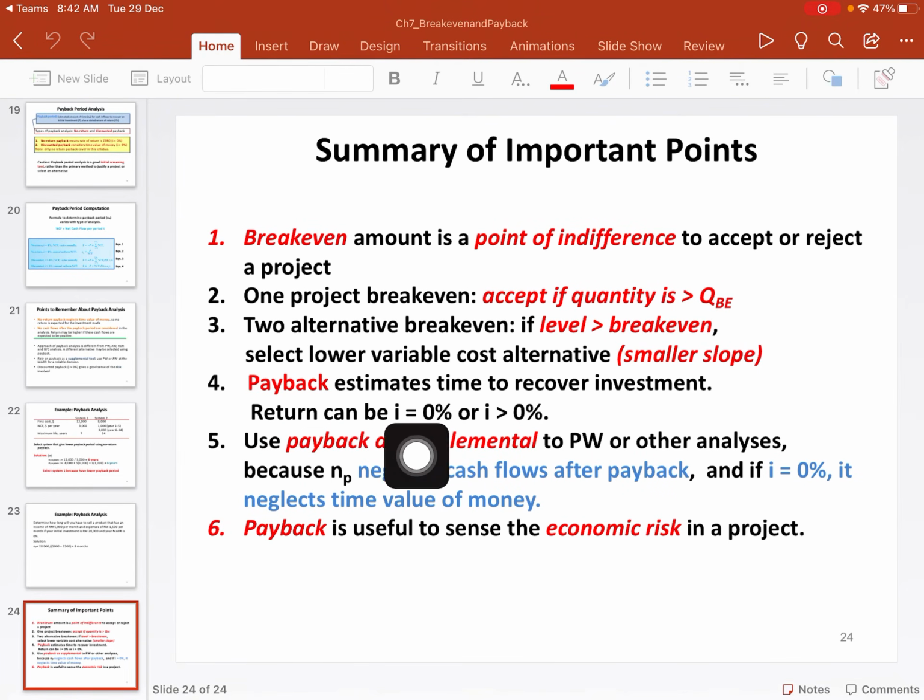Return can be I equals 0% or I bigger than 0%. Number 5, use payback as a supplement to PW or other analysis because NP neglects cash flows after payback, and if I equals 0%, it neglects time value of money. And last but not least, payback is useful to sense the economic risk in a project.